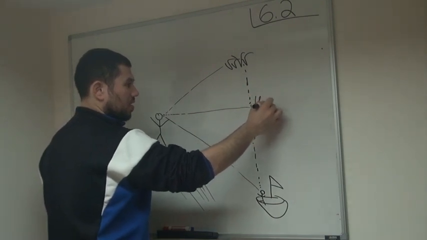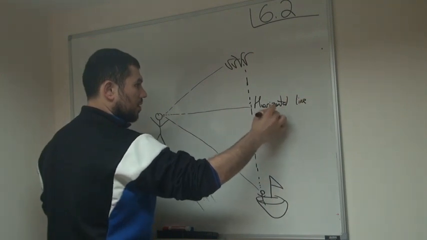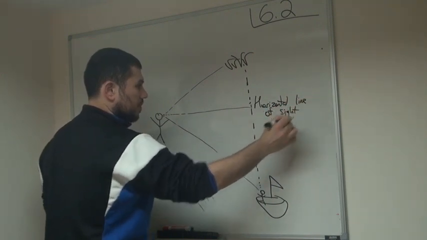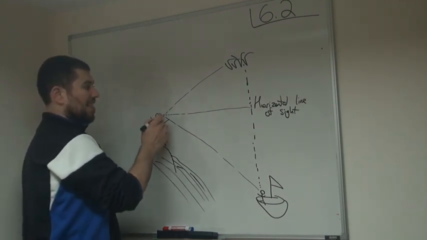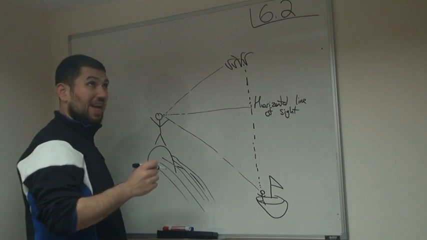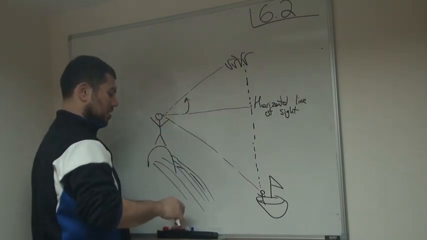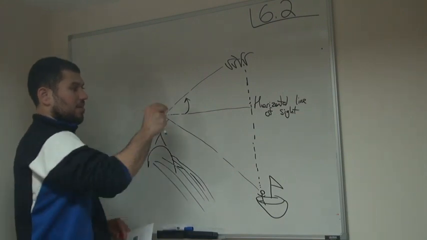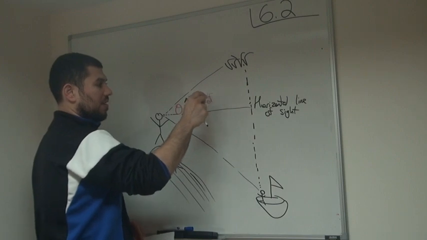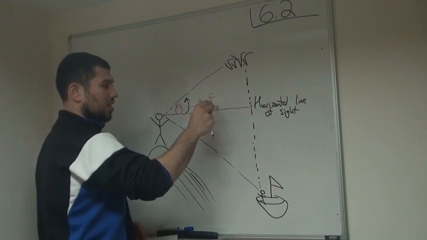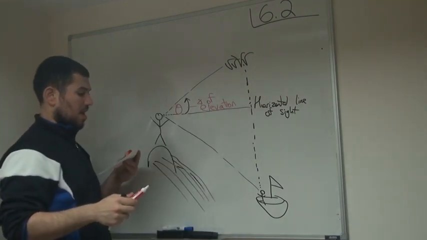Horizontal. Now, the angle formed by this horizontal and my head when I tilt it up, or my eyes when I look upwards, this angle here that I'm going to do in red, is going to be angle theta. This is called the angle of elevation. It's on your slides. You see it in the picture. Angle of elevation.